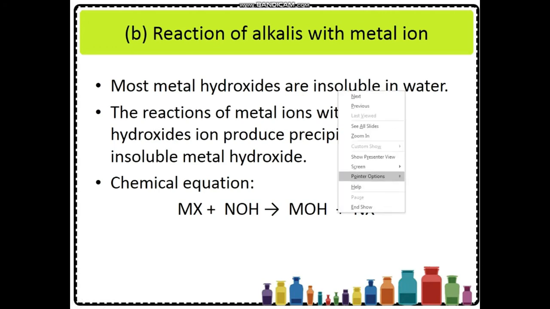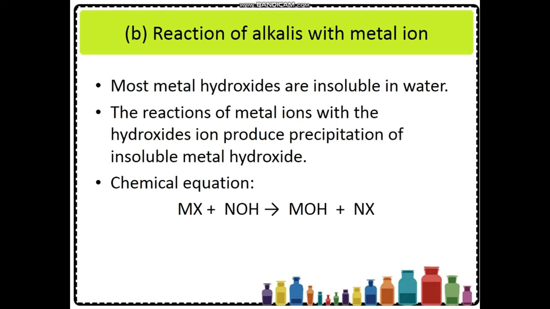MX will become M plus ion plus X negative ion, and the metal hydroxide is N plus ion plus hydroxide ion. So M will combine with hydroxide to produce a metal hydroxide, while N and X will combine to form salt.